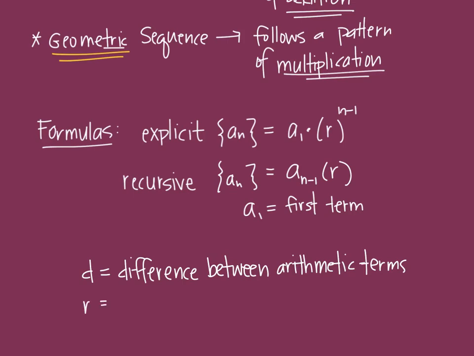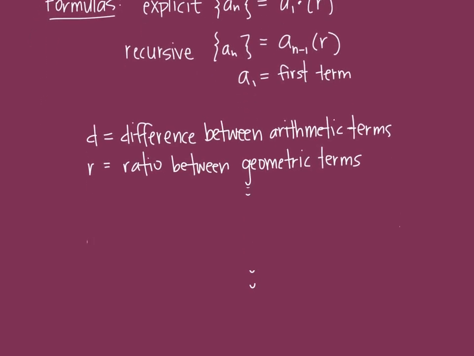R stands for ratio, and it is the ratio between geometric terms. It's the pattern that you're multiplying by, or multiplying by the reciprocal if it looks like division. So you should be able to tell from a sequence of numbers what the pattern or the multiplier is.